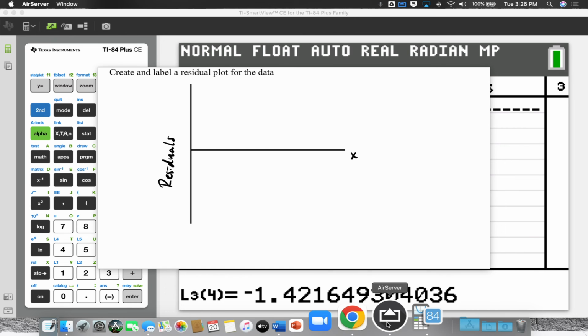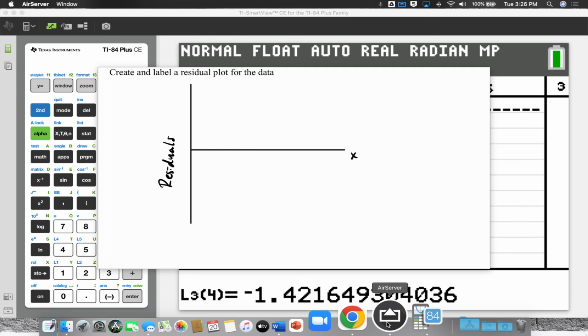Shoe size, right? X was shoe size. 1, 2, 3, 4, 5, 6, 7, and it just keeps going. That's shoe size. Residuals: how far was I off? What were my errors? That's what's there.